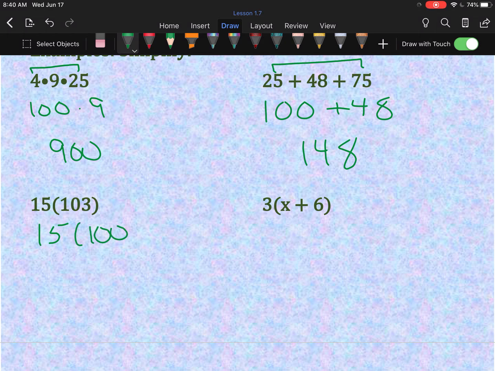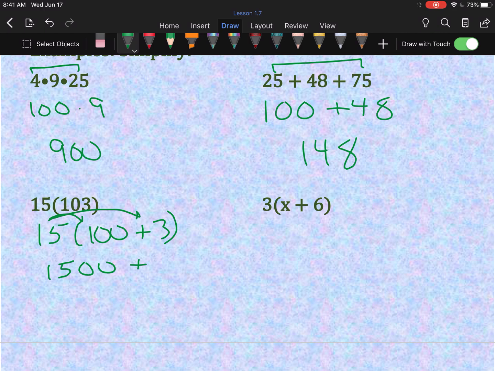103 is really just 100 plus 3. I can multiply 15 to both 100 and 3 much easier than I can multiply 15 to 103. 15 times 100 is 1,500. That's easy.